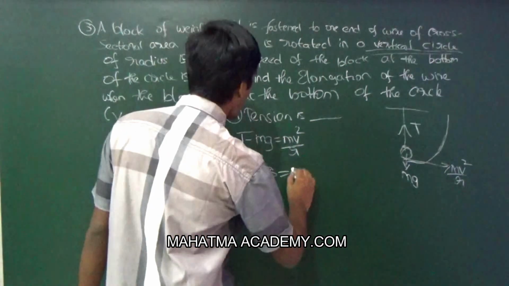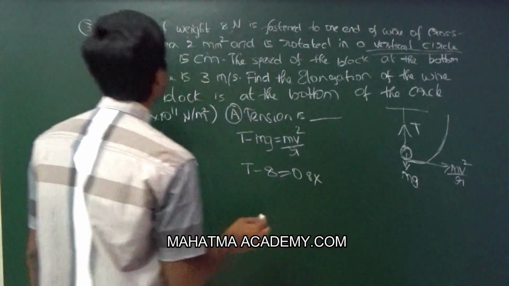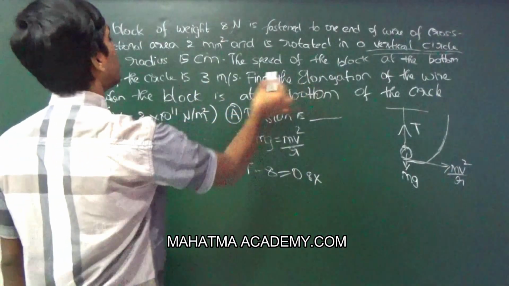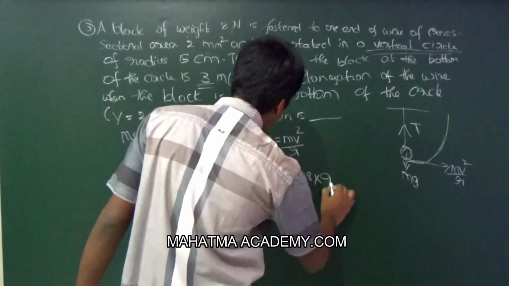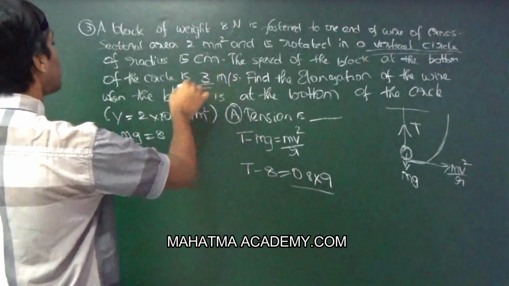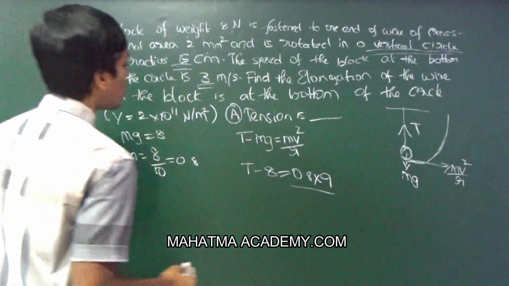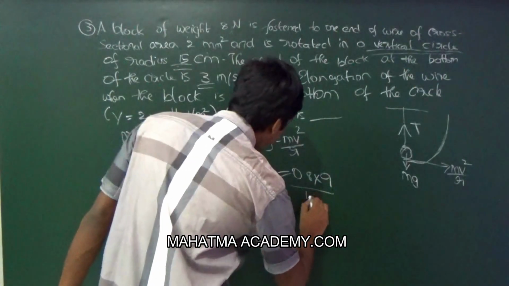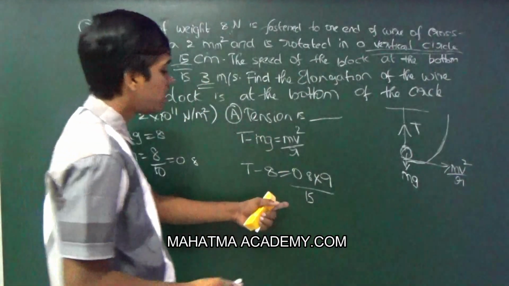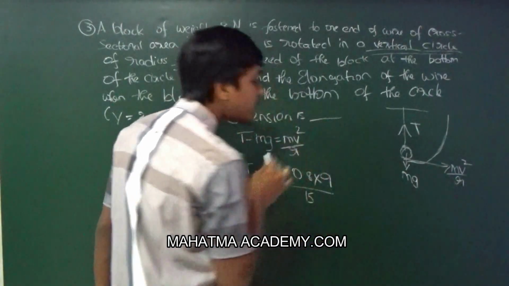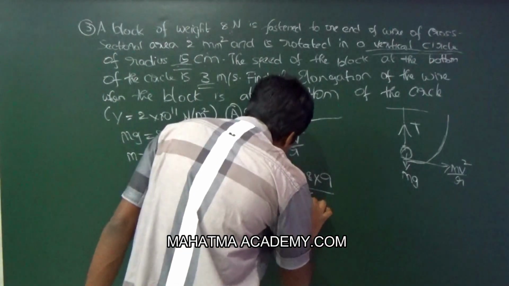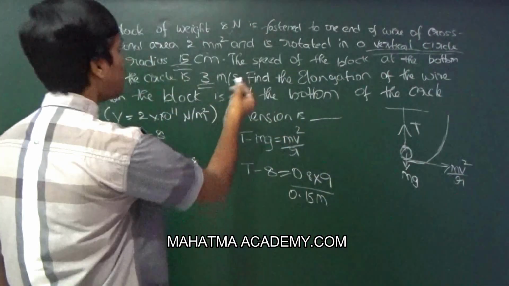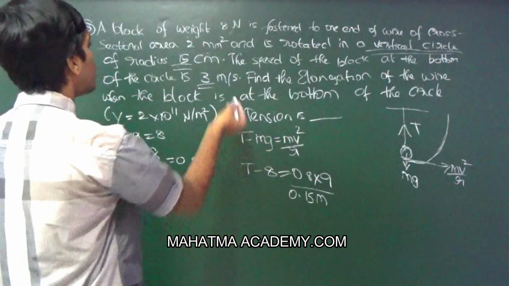That is 0.8 into velocity 3, 3 into 3, 9, upon radius. The radius is 15 centimeters, which becomes 0.15 meter, because these are all in meters.